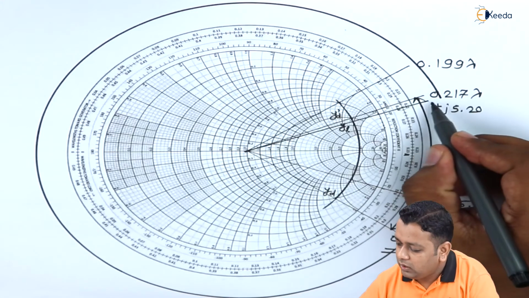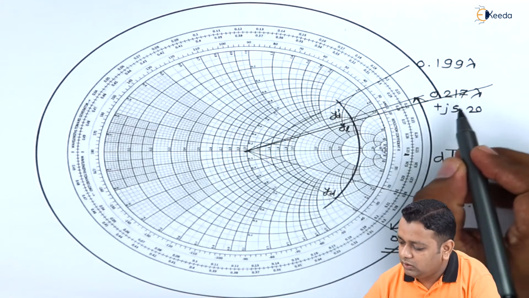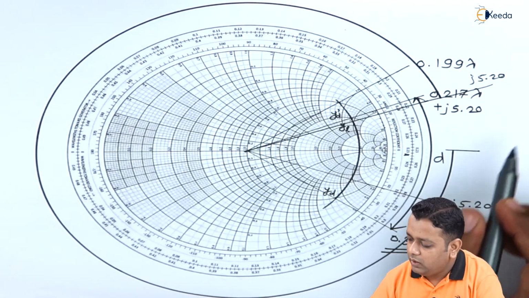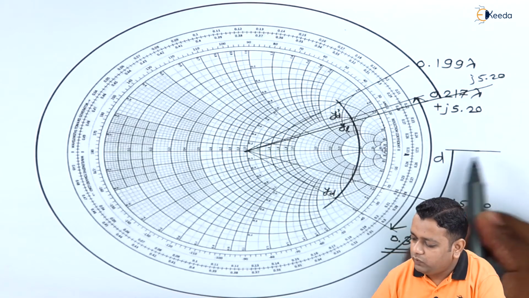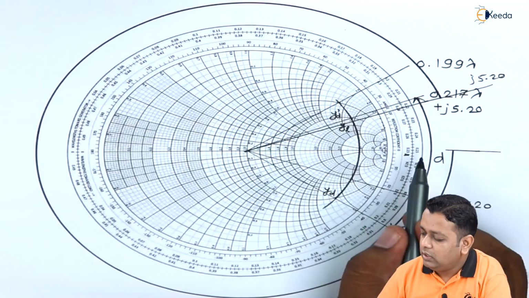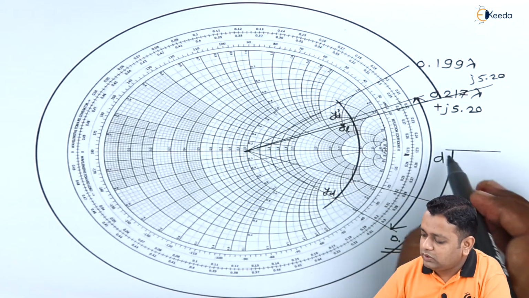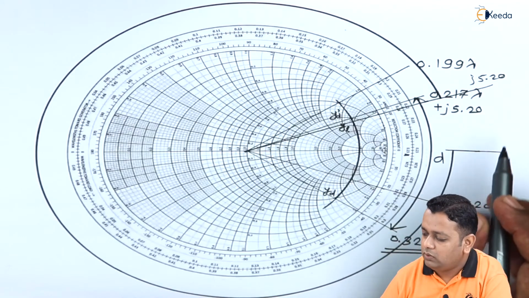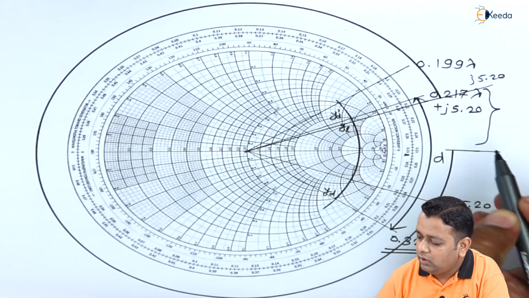So in this diagram, this is the marking for j 5.20, and here is the marking we have shown for 0.25 initially, but as we have a line starting from here, it will be for 0.50, and this is the difference.